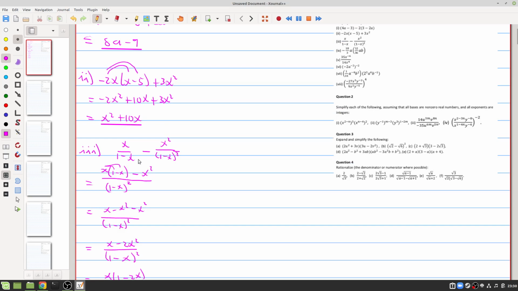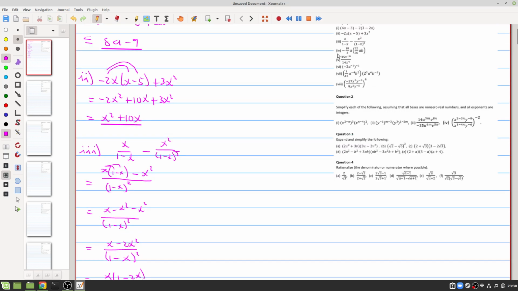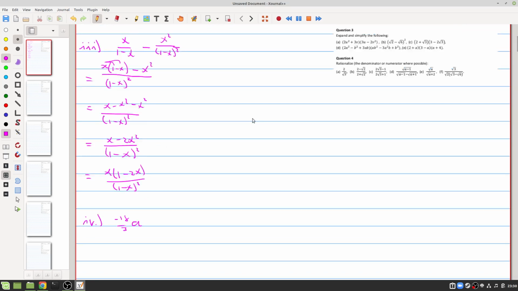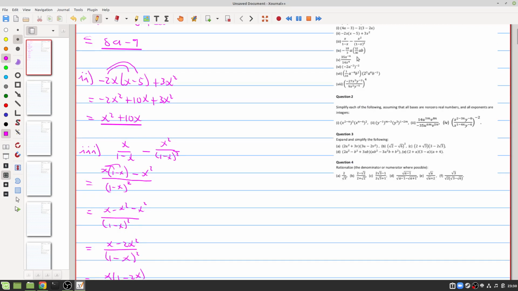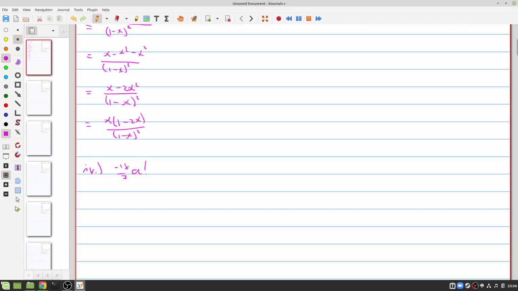Then the fourth question, we have negative 18 over 3a times 12 over 36ab.